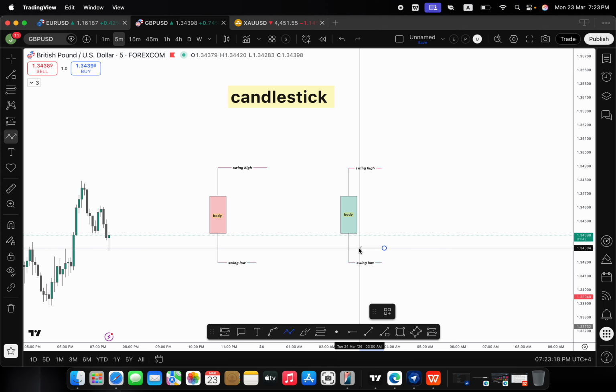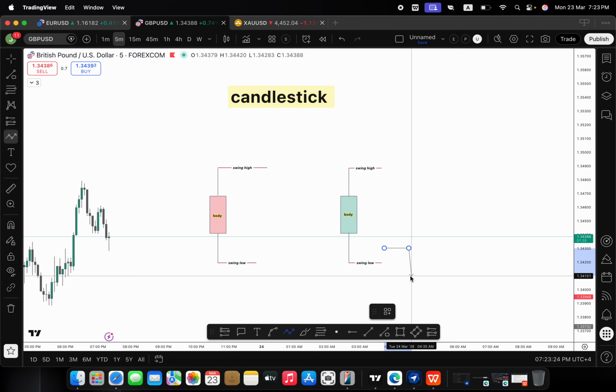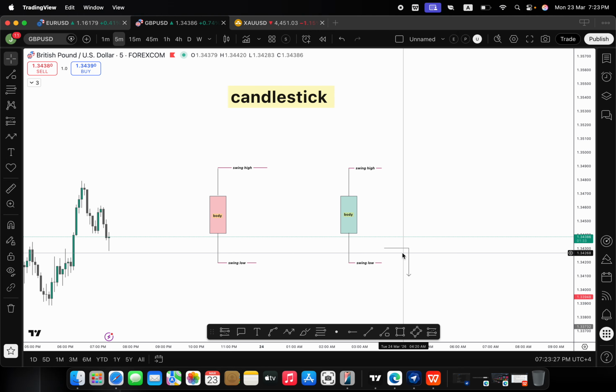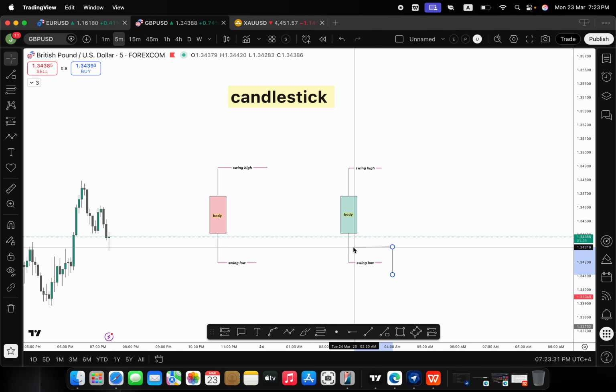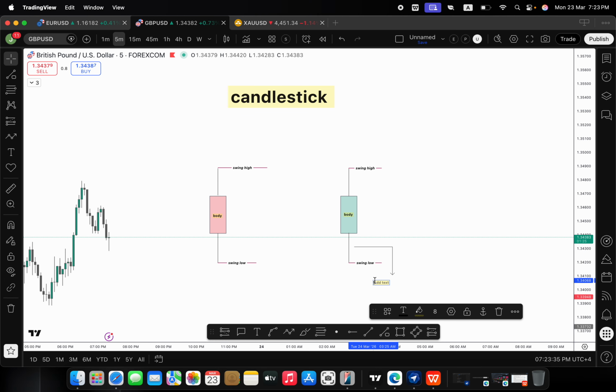Okay. So here is called the wick. Or you call it a shadow. Wick or shadow.